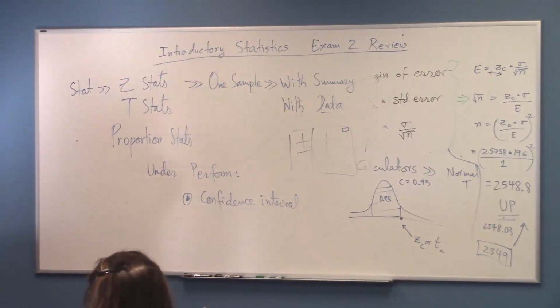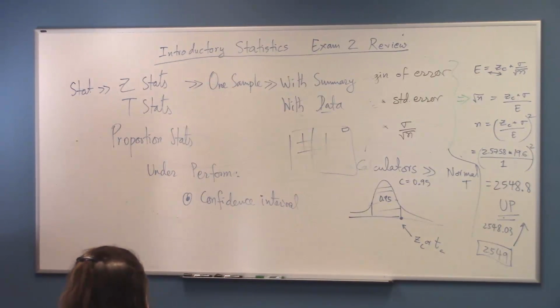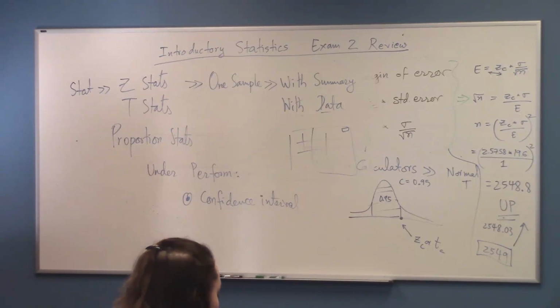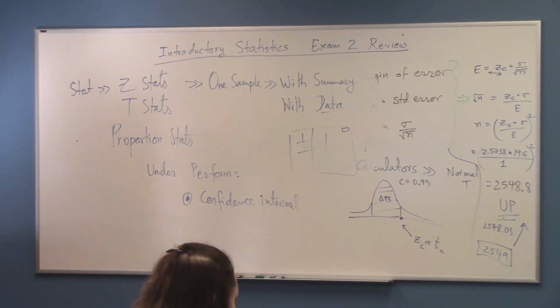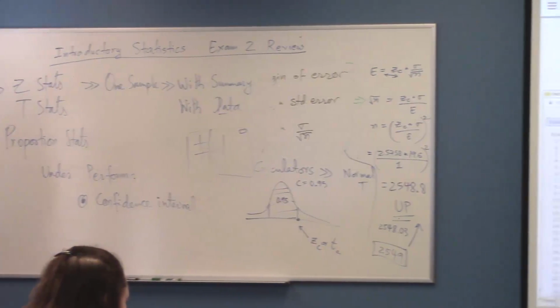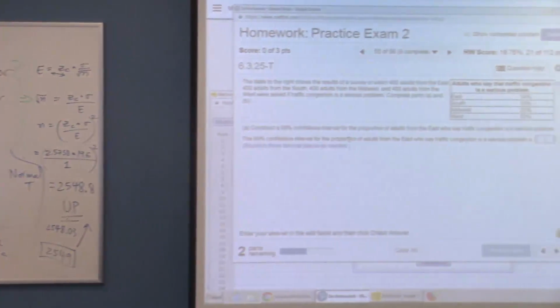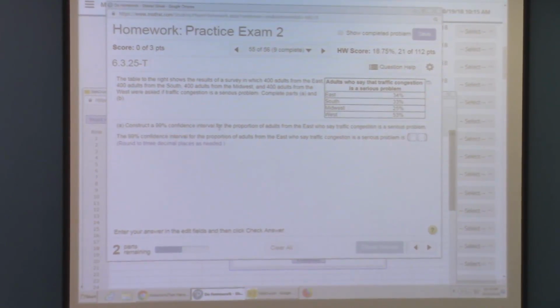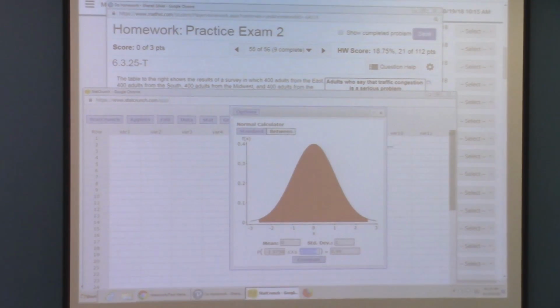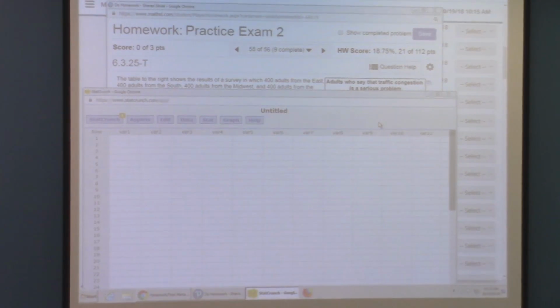All right, let's look at number 55. I will look at this one, and the others you can do yourself, because in this case we are looking at proportion. So when you are looking at proportion, you have to use stat, proportion stats, one sample with summary right here.